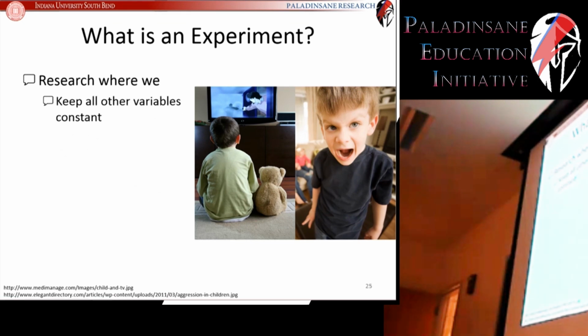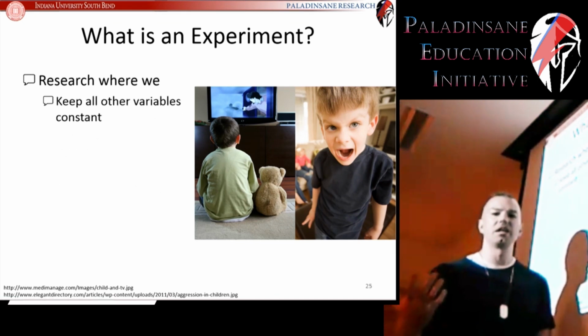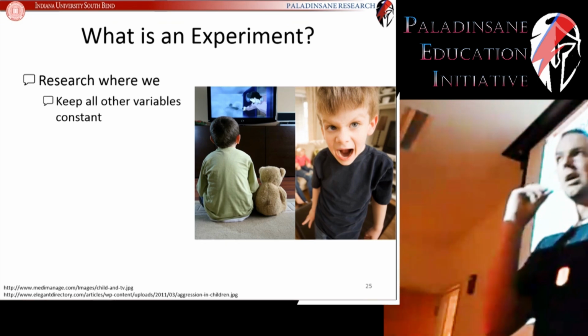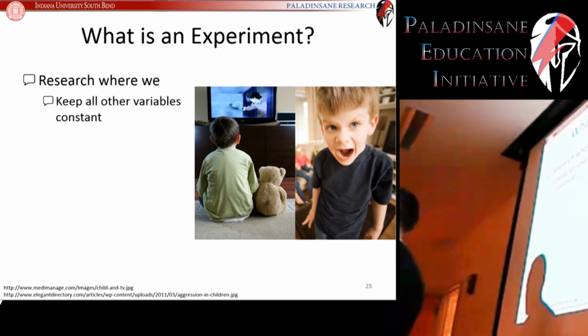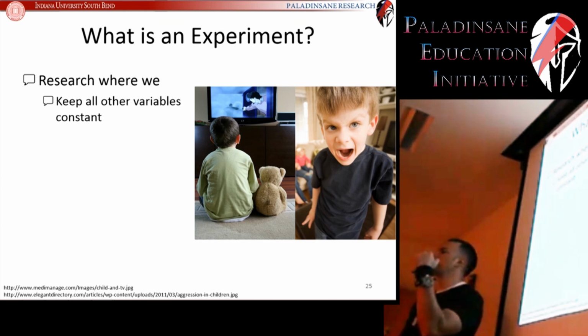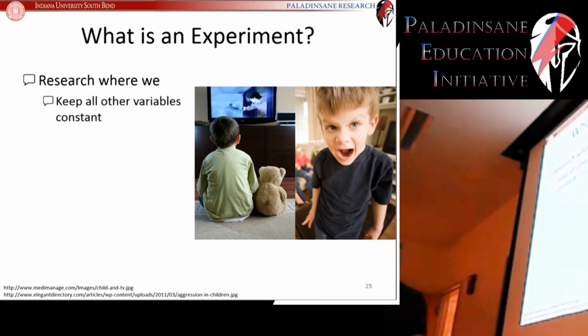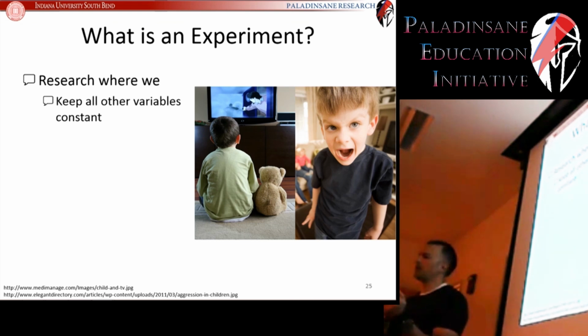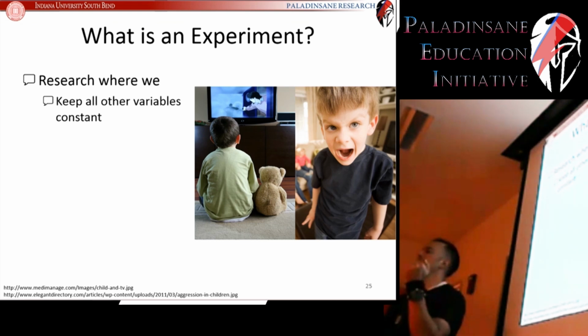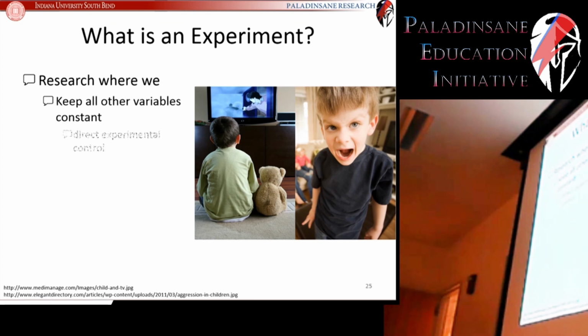All right, so in research, and this is where the big challenge in research comes, you want to keep all your other variables constant. You want to make sure that the only difference between your two groups is the variable of interest. So we want to make sure that the only difference between our two groups is the amount of violence in their TV program.